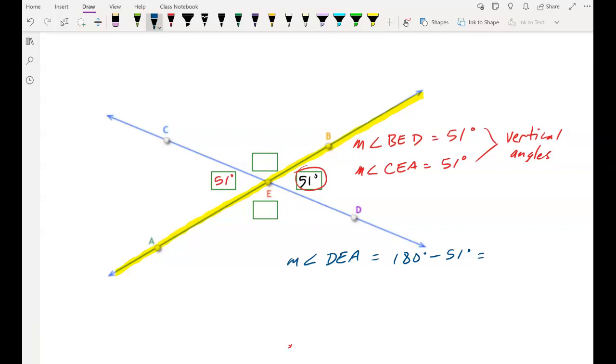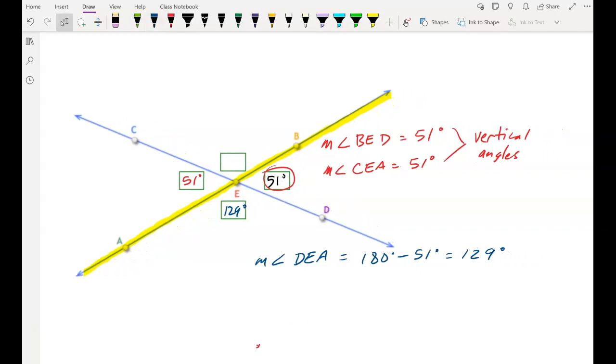And how much is that? Let's see. I think that should be 129 degrees. Because 180 minus 51 is 129, so this one would be 129 degrees. And the reason is because the measure of angle DEA and BED, those two are supplementary.